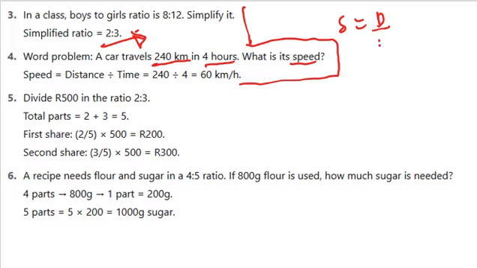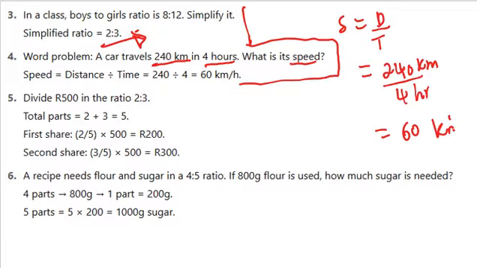Distance over time, so 240 kilometers divided by 4 hours. Then you get 60 kilometers per hour, as discussed here. That's how you can solve that one, simply grabbing the formula and working it out.